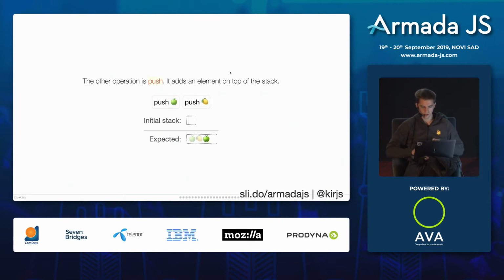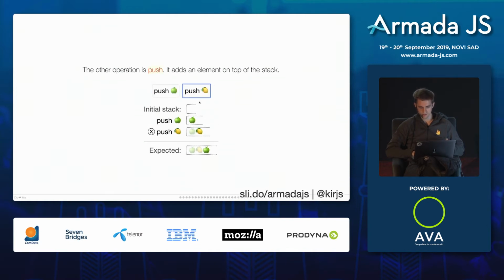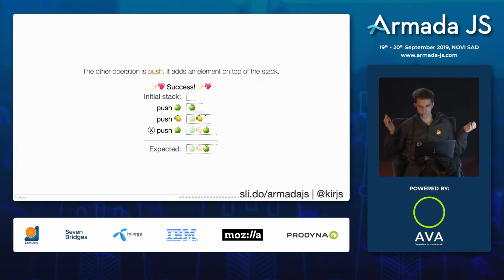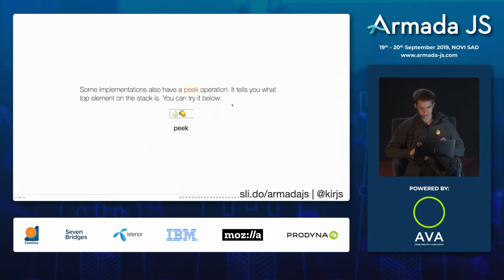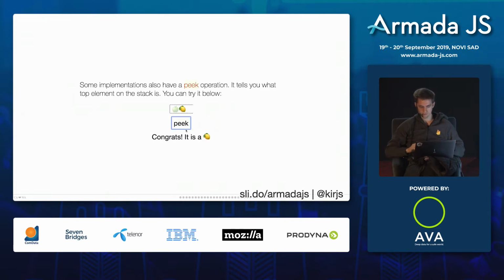I don't know why. I'm gonna put an apple, a lemon, and an apple here, and here we go. I'm successful again. Nice. And the last operation is pick. So sometimes you wanna look at what's there and just put it back, and you don't wanna do 2 operations, and this is why pick exists. And it basically says, yo, it's a lemon. Congrats, that's good.